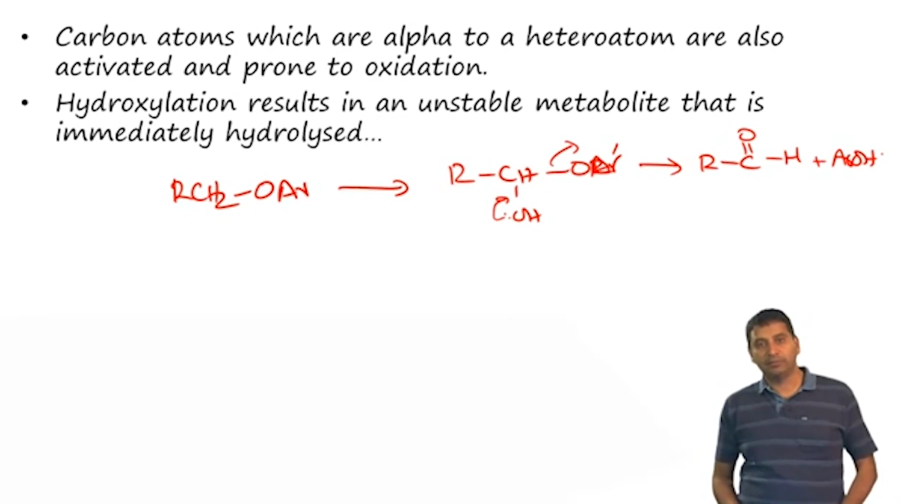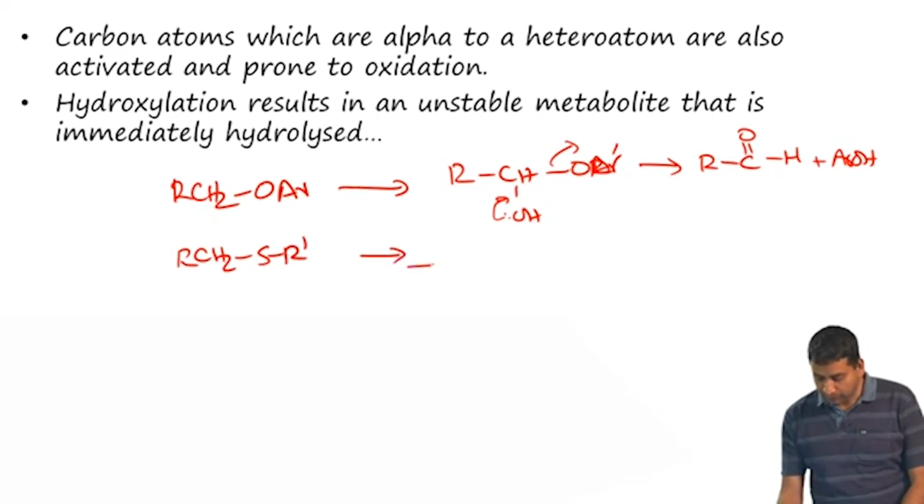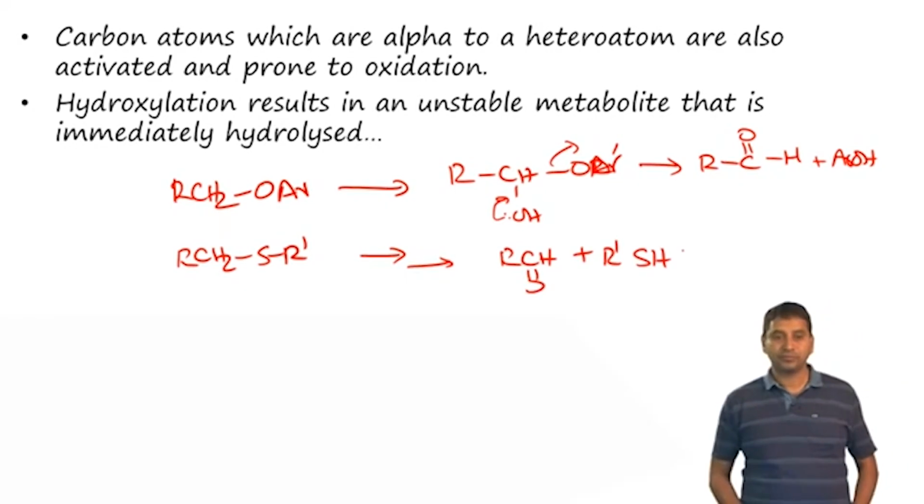Similarly, you can do the same thing with thiols, right. You have thioethers which can again collapse to give you the corresponding aldehyde and a thiol. So, for example, you have R CH2 S R prime. I am not going to draw the arrows, you are going to form R CH O plus R prime SH.